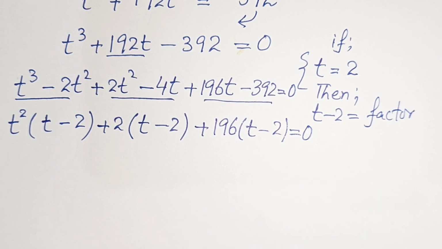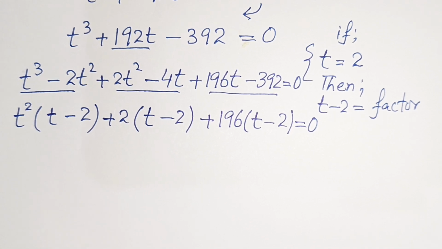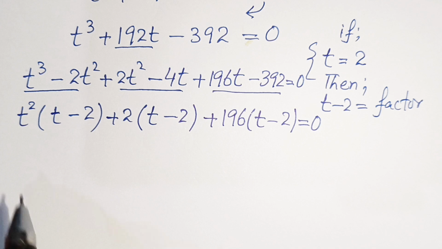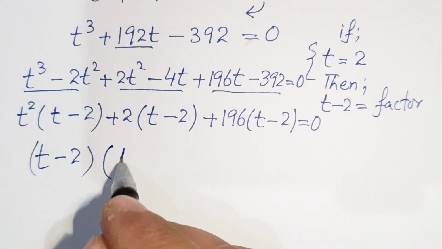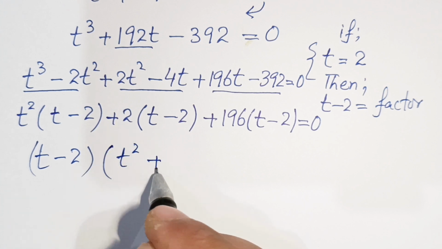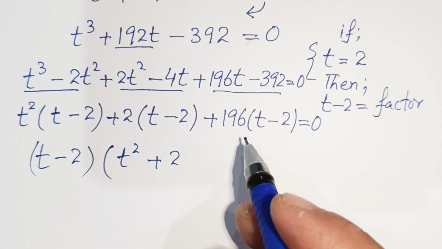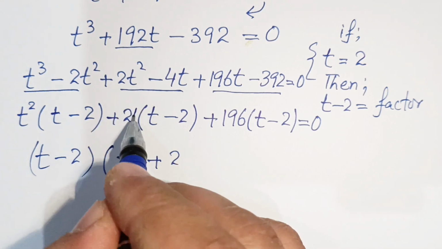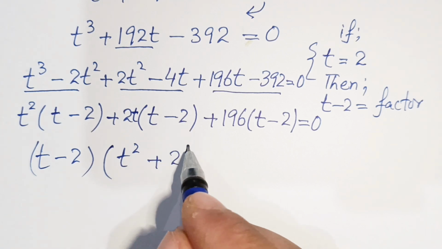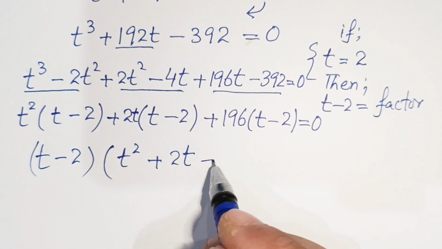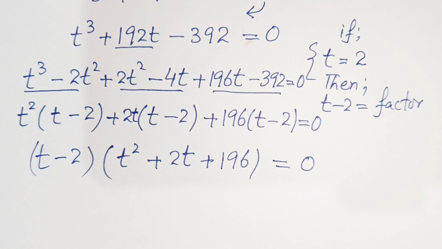is equal to 0. Now we see that t minus 2 is a common factor, so t minus 2 times, here we have t squared plus 2t, sorry, here it is 2t is common, then we get t minus 2, so t squared plus 2t plus 196 is equal to 0.